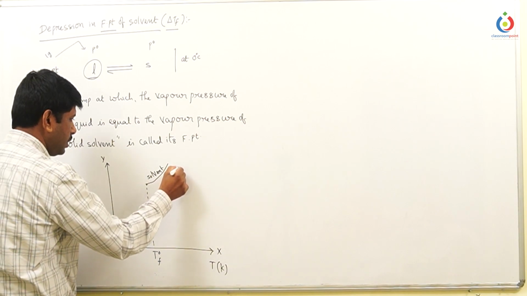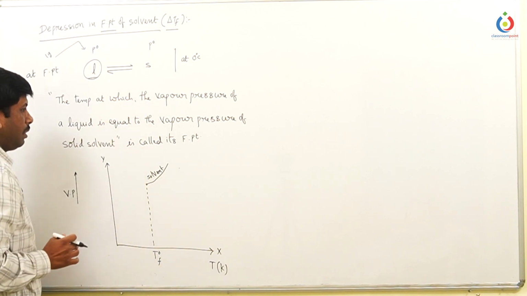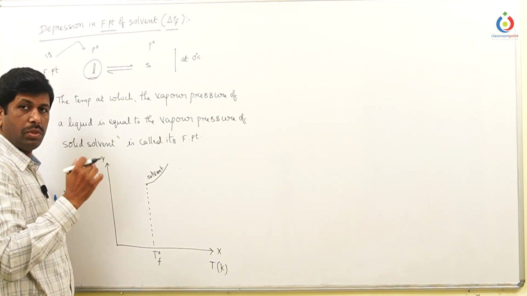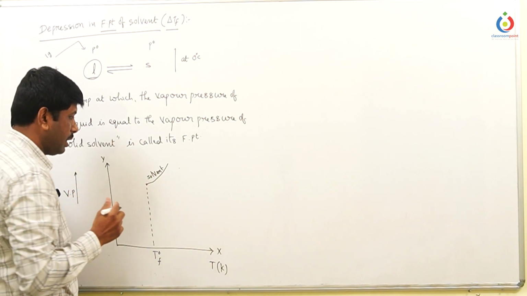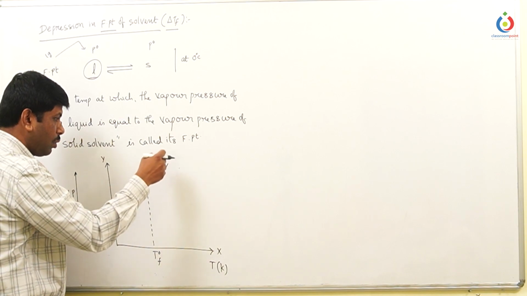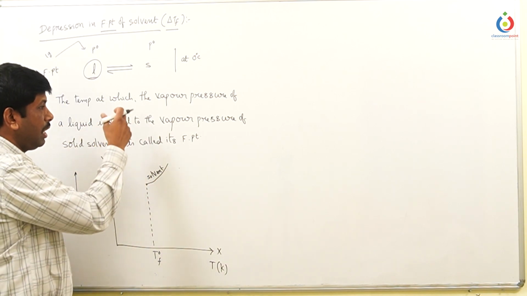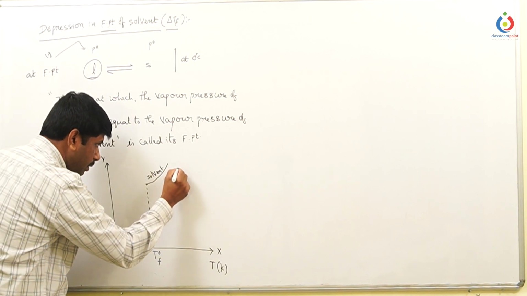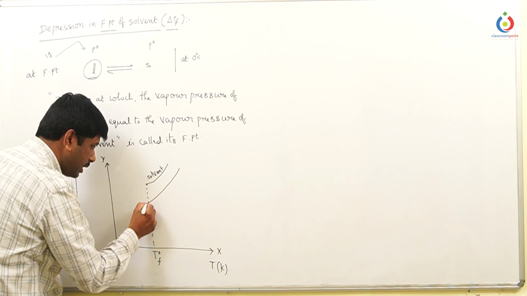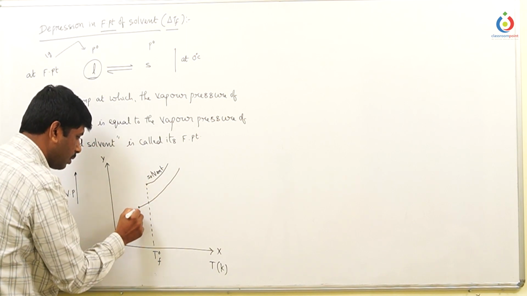And if you take the solution, as an amount of solute is present, the vapor pressure of the solvent decreases, so the solution's vapor pressure also decreases. Then automatically it needs even lower temperatures to match the vapor pressure of the solid, so whenever the temperature is decreased, the solution freezes at a lower temperature than the solvent.